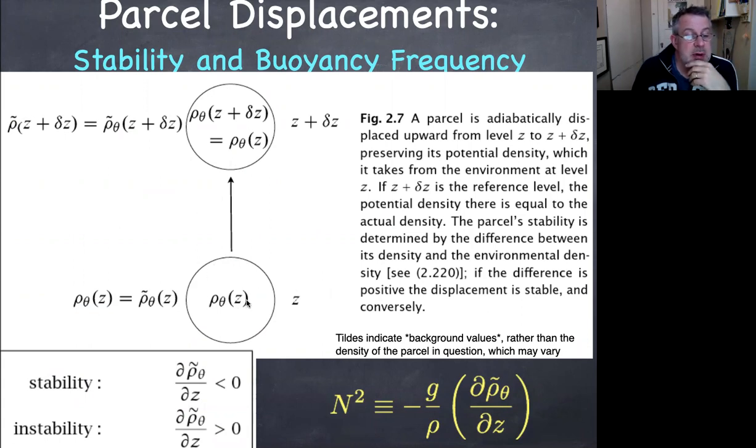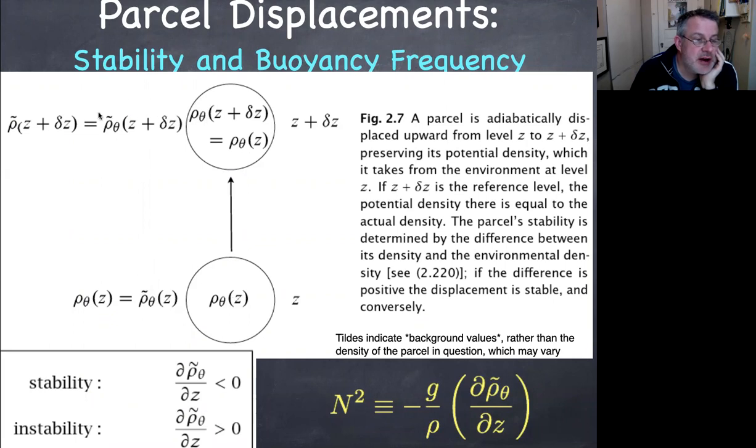So if I take this parcel of water at a particular depth with a background potential density stratification, so this is the stratification from light at the top to dense at the bottom, and I offset it, I would find that up here, it would be different in density from its environment. This is the density that we would have expected in the environment.